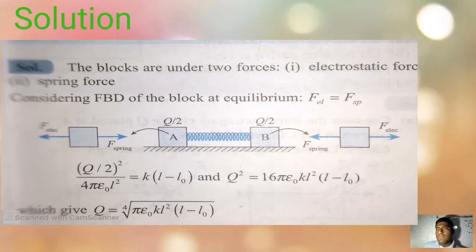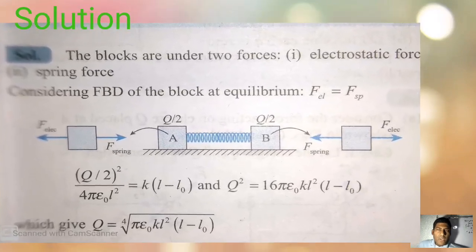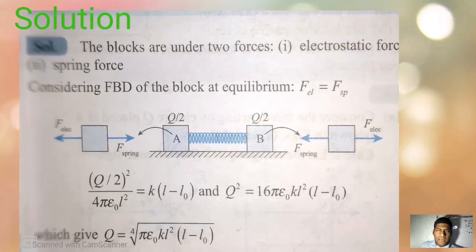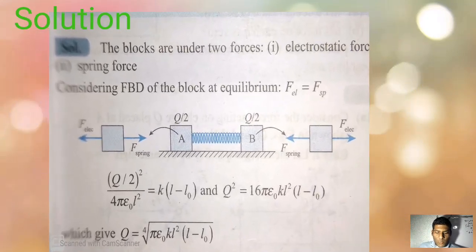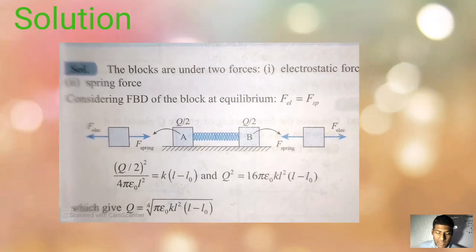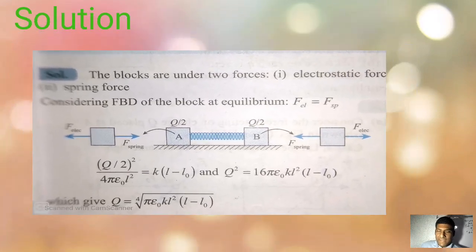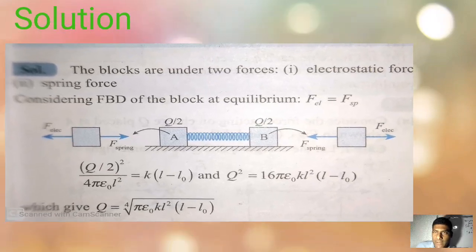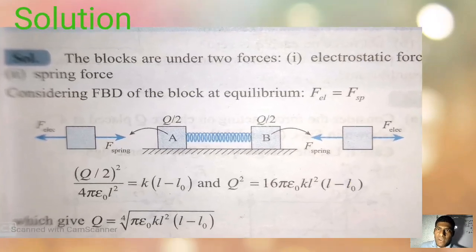Okay, so after calculation you will get that q square is equal to 16 pi epsilon 0 k L square into (L minus L0).